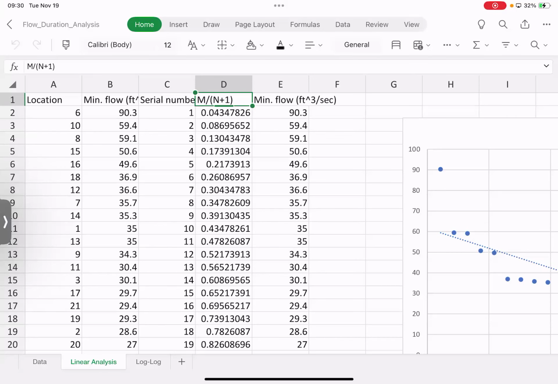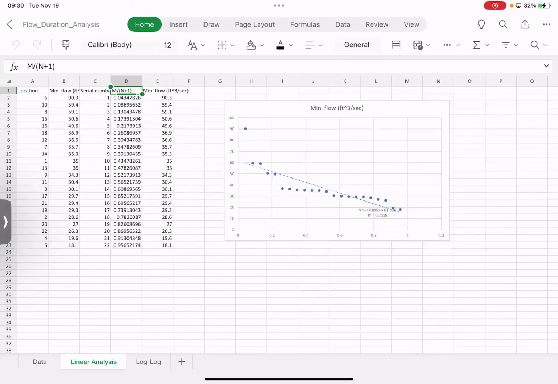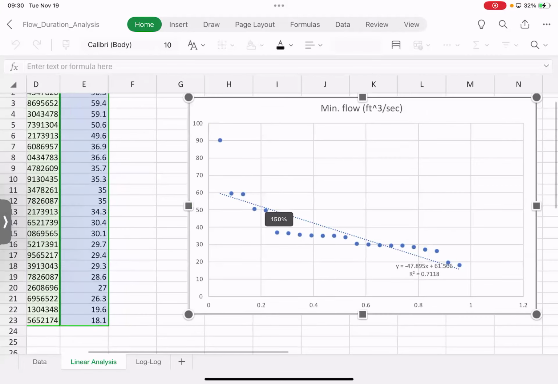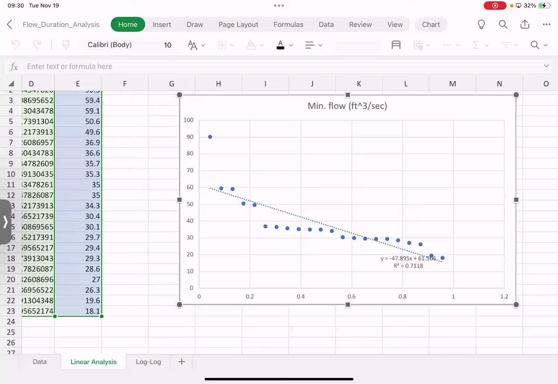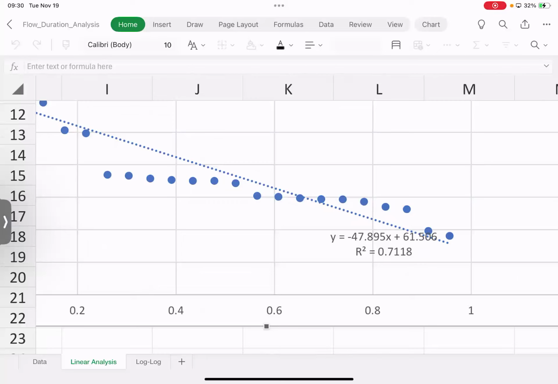Now, what we have, we can fit a linear model to this. It doesn't fit very well, does it? The probabilities are on the x-axis and the minimum flow, which is the output, is on the y-axis. And so now I have a linear equation, which we've seen before.